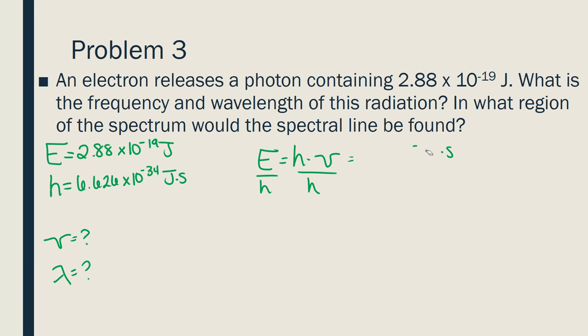So when we take a look at this particular problem, we are solving for frequency again. Frequency is equal to the energy of the photon over Planck's constant. We have our energy of 2.88 times 10 to the negative 19th joules, and we have Planck's constant.